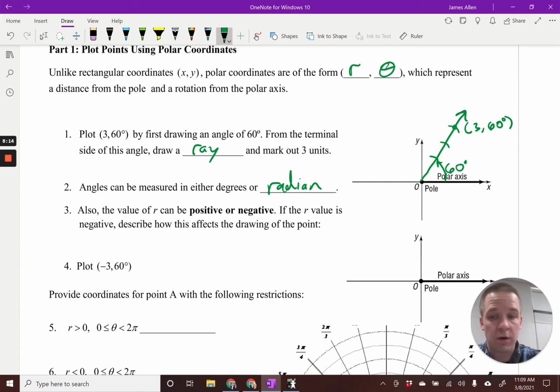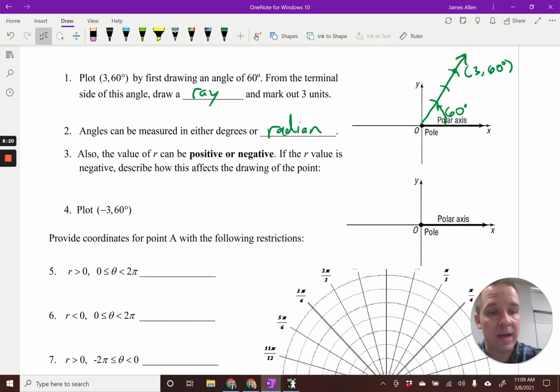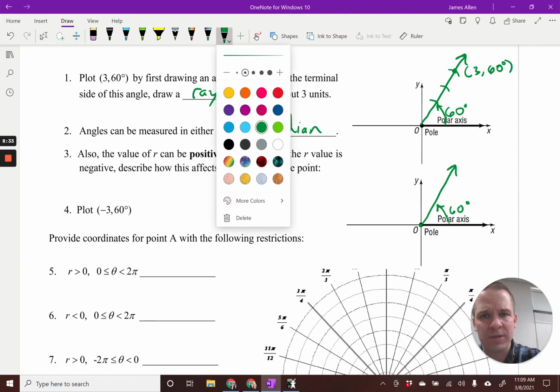Okay. So when it says plot -3, comma 60, I'm still doing my angle measure of 60, right? So this is still 60 degrees, but my radius is now negative, which means that instead of going out, let me use a different color here.